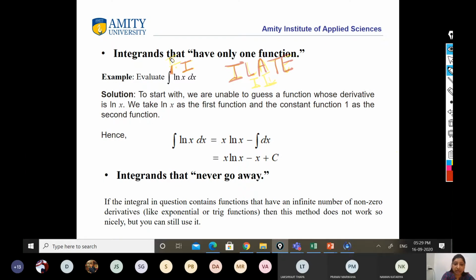So 1 is the second function and log x is the first function. So we will follow the product rule here. The product rule says it is the first function, which is our log x, into the integral of the second function, minus the integral of the derivative of the first function into the integral of the second function. Sorry, is there any mistake here?